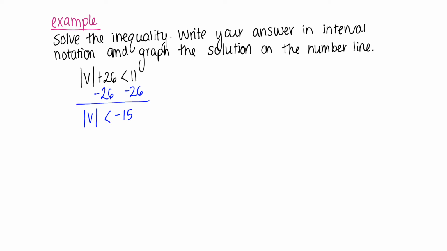There were two rules with negative numbers and absolute value. If you have an absolute value less than a negative number, this is when there's going to be no solution, because absolute values give you positive numbers, and you can't have a positive number that's less than a negative number.